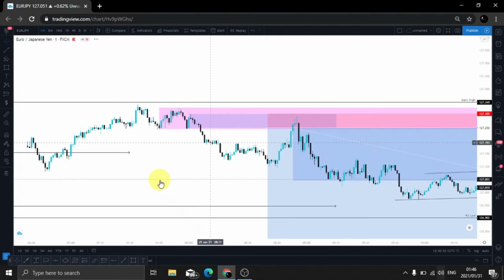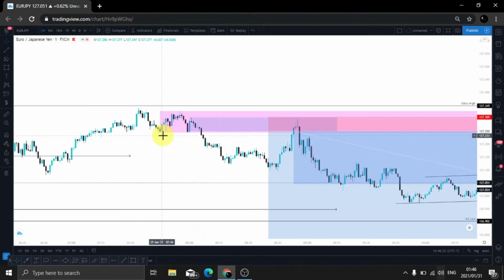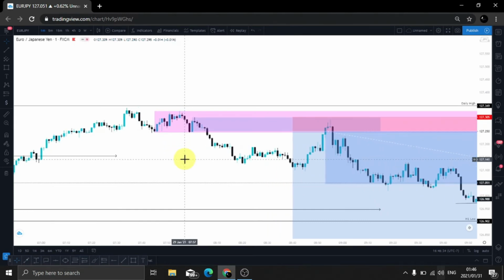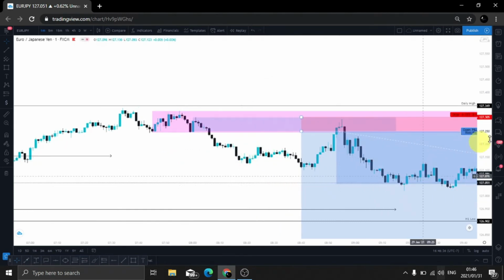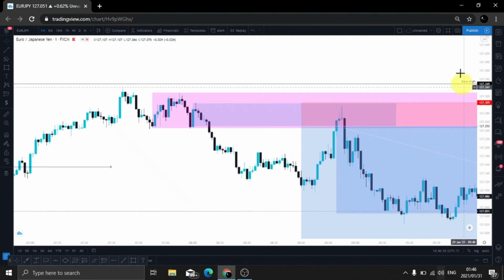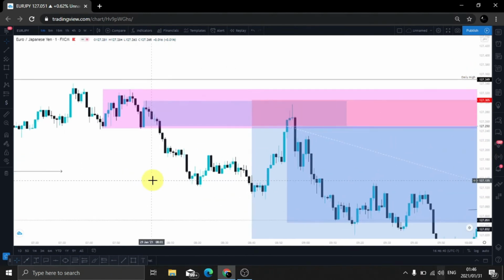So we can see on our M1 time frame, guys, that we had a bit of market going up, and the market over here just gave us our OB. Okay, so the market came.